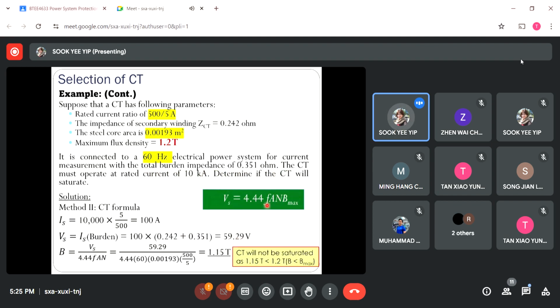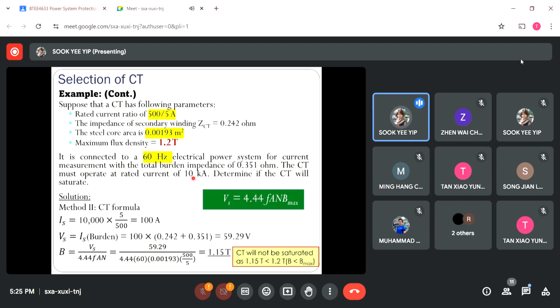So what will be the operating frequency? 60 hertz, put here. What is the area of the core? 0.0193 meters squared, put here. How about N, the turns ratio? 500 divided by 5, put it here. Then you can find the magnetic field being generated right now.